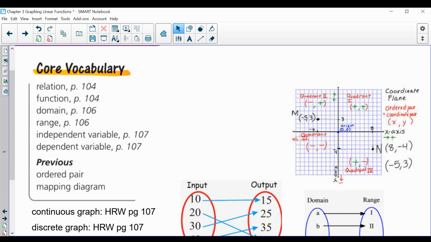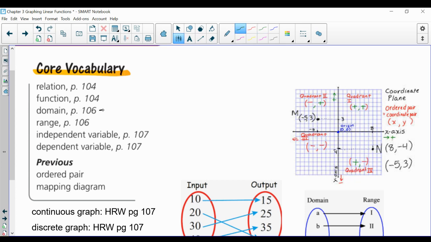A relation and a function, I kind of already talked about. I know that they are ordered pairs. A relation is just an input-output. A function has an input that has exactly one output. So the next words are domain and range.